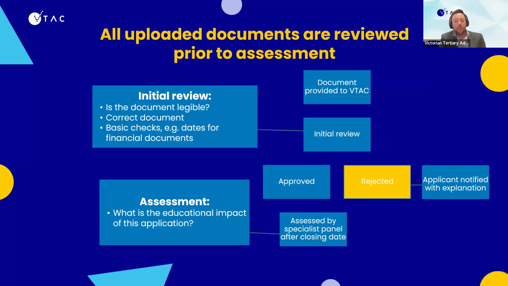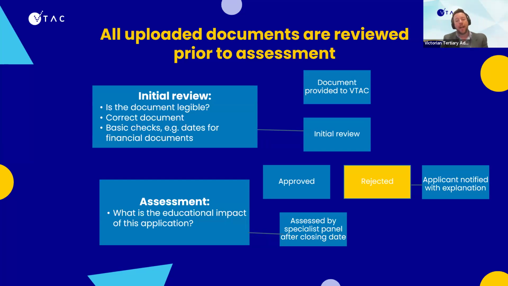So we're nearing the end of the presentation. I'll just reiterate that uploaded documents go through an initial review prior to being assessed by the independent panel. It's a quick check to ensure that there are no problems. The type of problem might be an illegible or blank document, an out-of-date financial statement, or a document that doesn't address the educational impact.